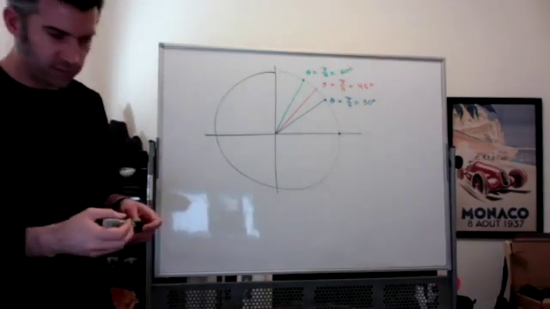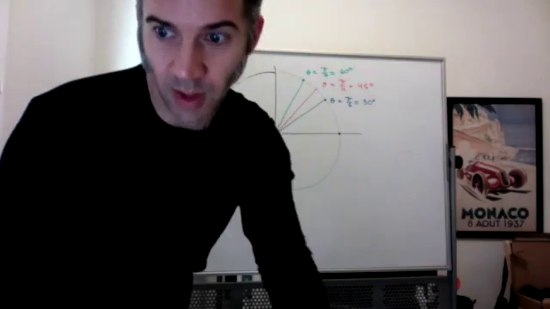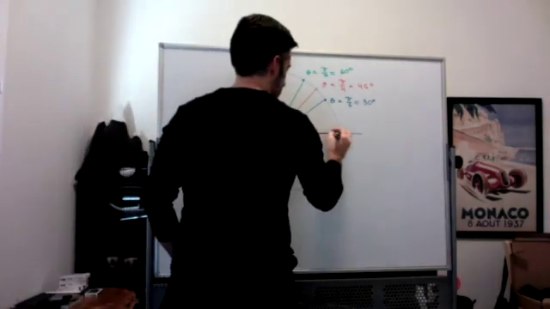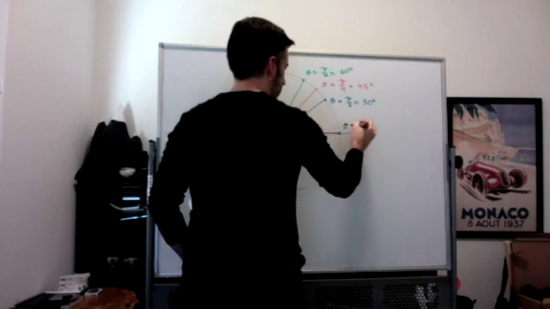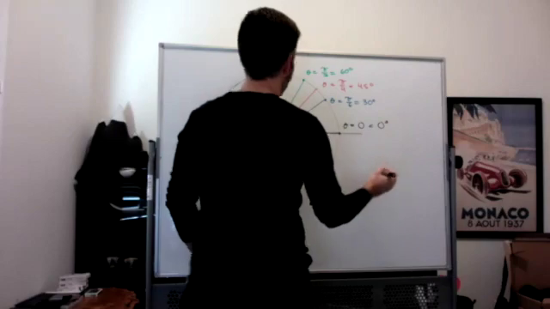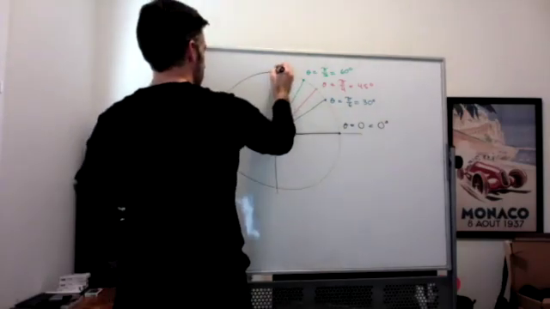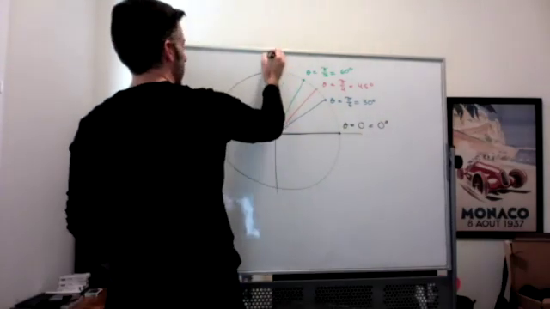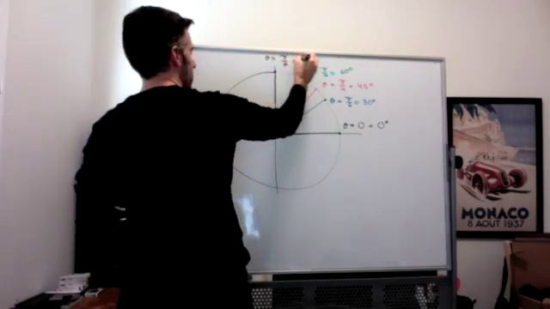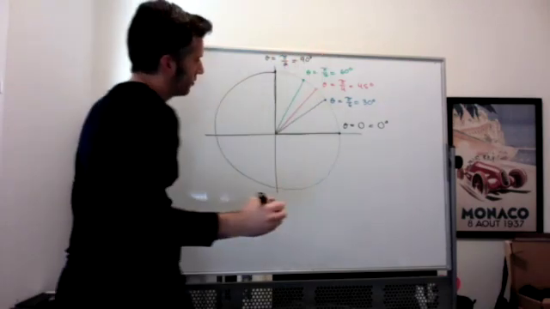And then we also have down here theta equal to 0 radians, which is equal to 0 degrees. And up here, theta is equal to pi over 2 radians, which is 90 degrees.